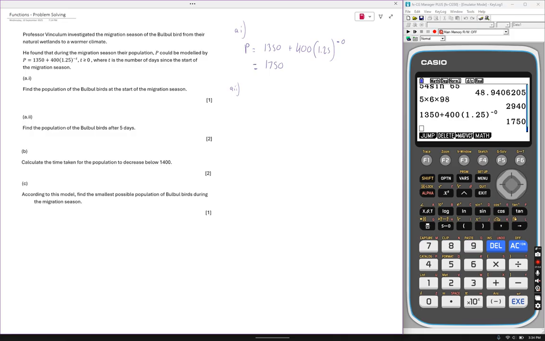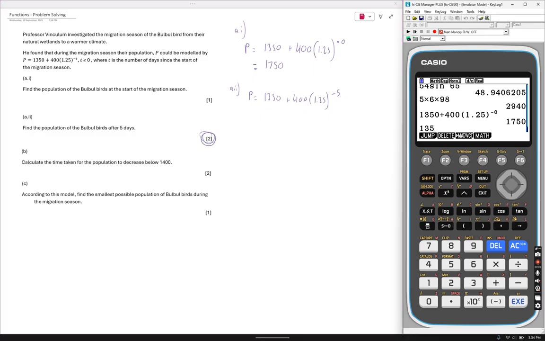Now, before you start, you notice it is worth 2 marks. So you need to show 2 marks worth of a response. So for this one, you need to show your working out. So 1350 plus 400 times 1.25 to the power of negative 5.